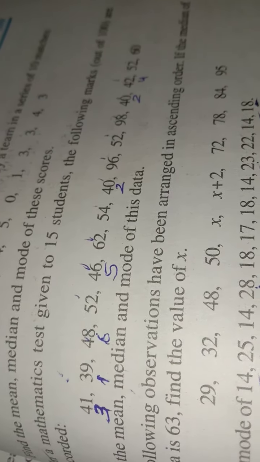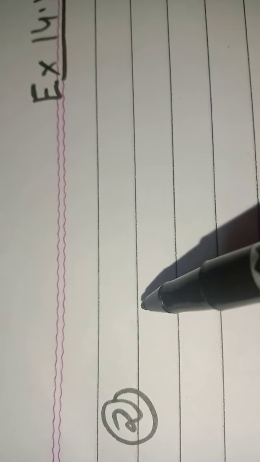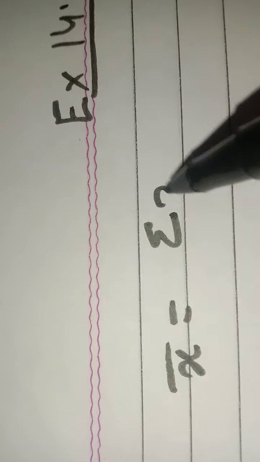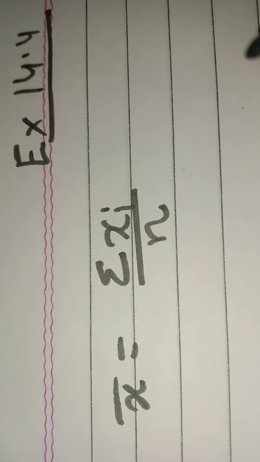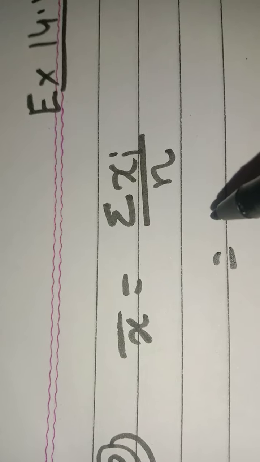So let's find out mean first. For the formula of mean, we will write here x bar is equal to summation of xi upon n. Okay, this is the formula. Now let's write down all the observations.